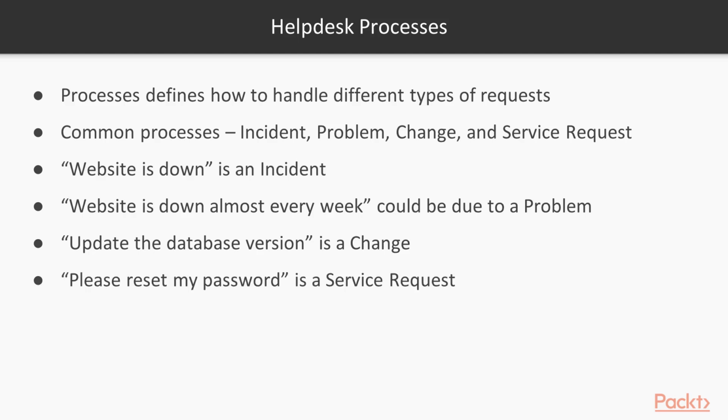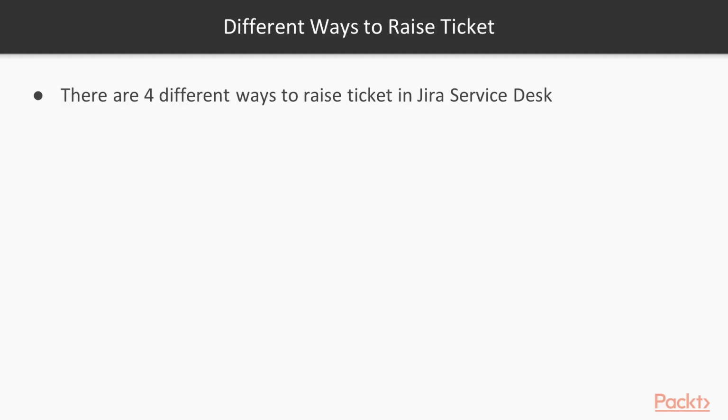And finally, when someone is requesting you to provide some information, or maybe they need just your help, for example, if you have a customer and they need you to reset their password, or maybe they need some additional information, that is a typical service request. So in your Jira Service Desk project, you can have these 4 processes out of the box, but you have the ability to create, in fact, any kind of process.